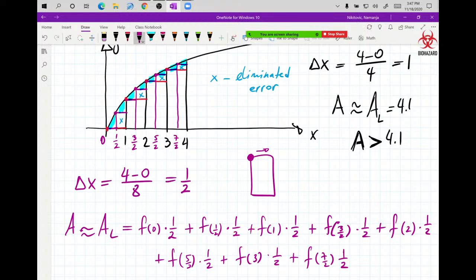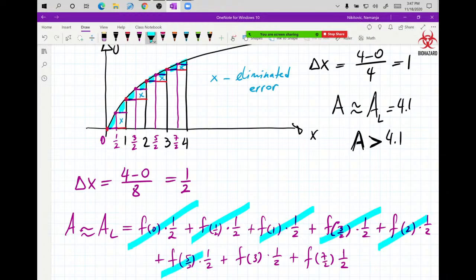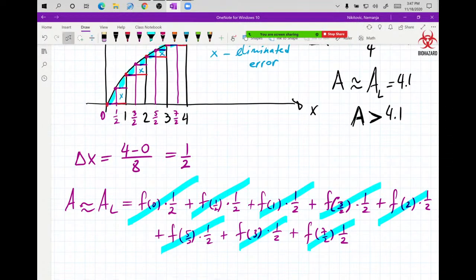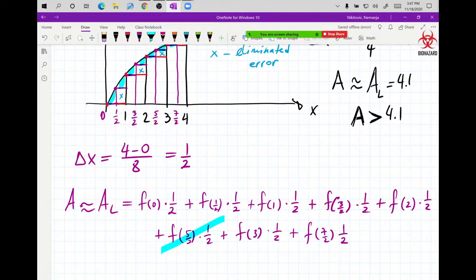So there is no rectangle to the right of 4, which is why we are not using plus f of 4. And also, you already have 8, if you think about it. 1, 2, 3, 4, 5, 6, 7, 8. There they are. So 8 rectangles, 8 calculations. There's no reason to bring in the 9th if you have 8 rectangles.